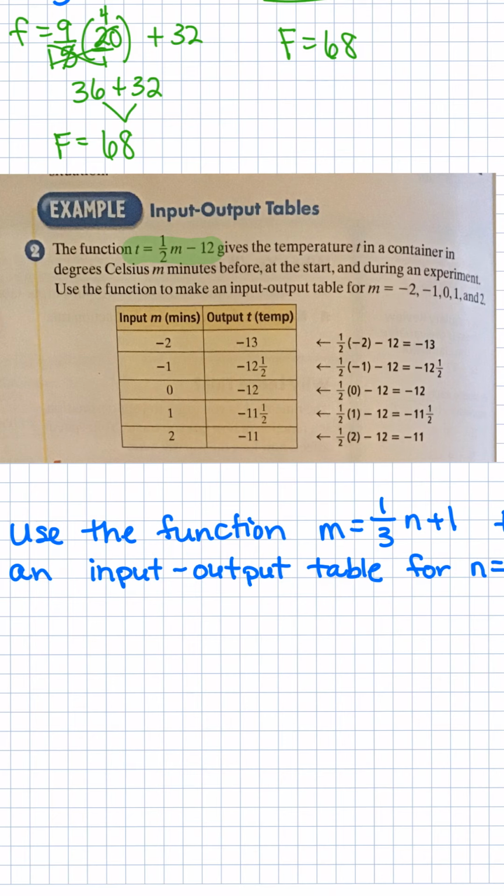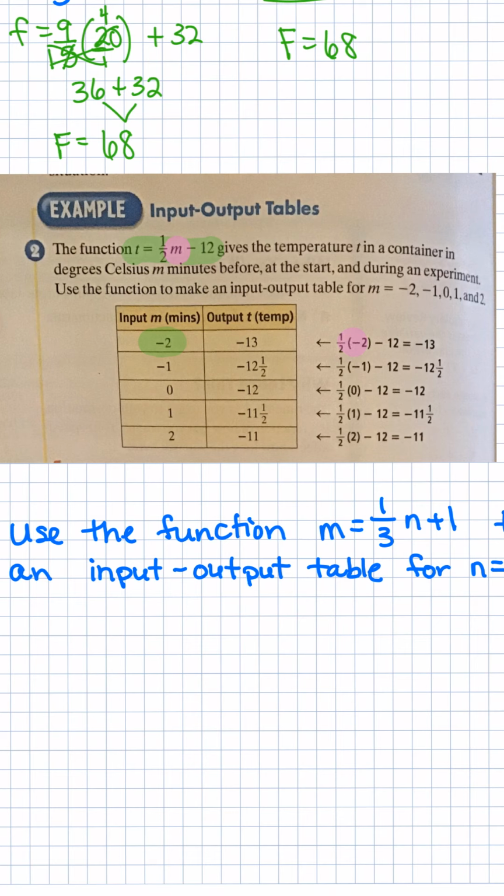Use the function to make an input-output table, m equals -2, -1, 0, 1, and 2. So our first input is going to be -2. So where the m was, we're putting in -2. And when we solve that, we get -13. So that's going to be the output.